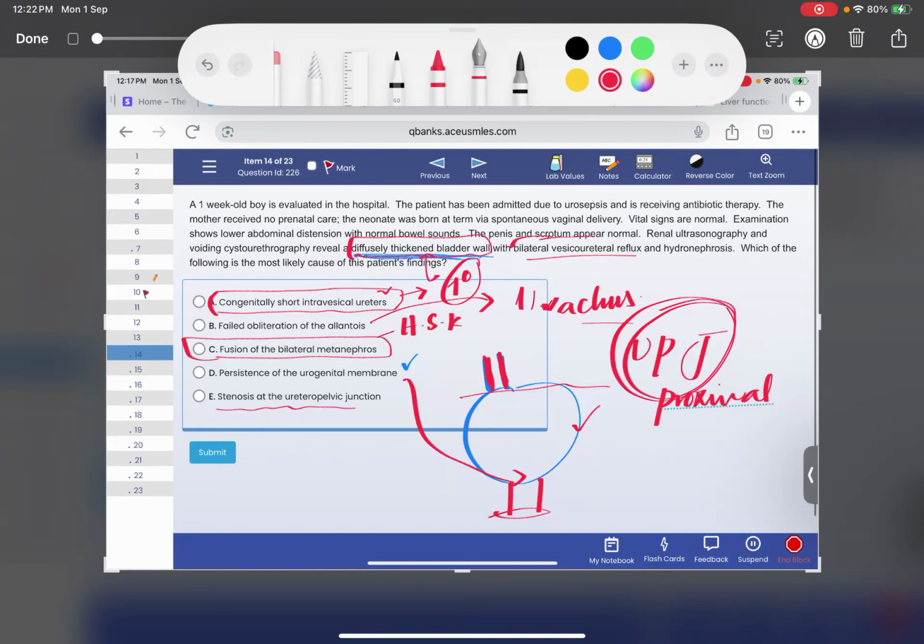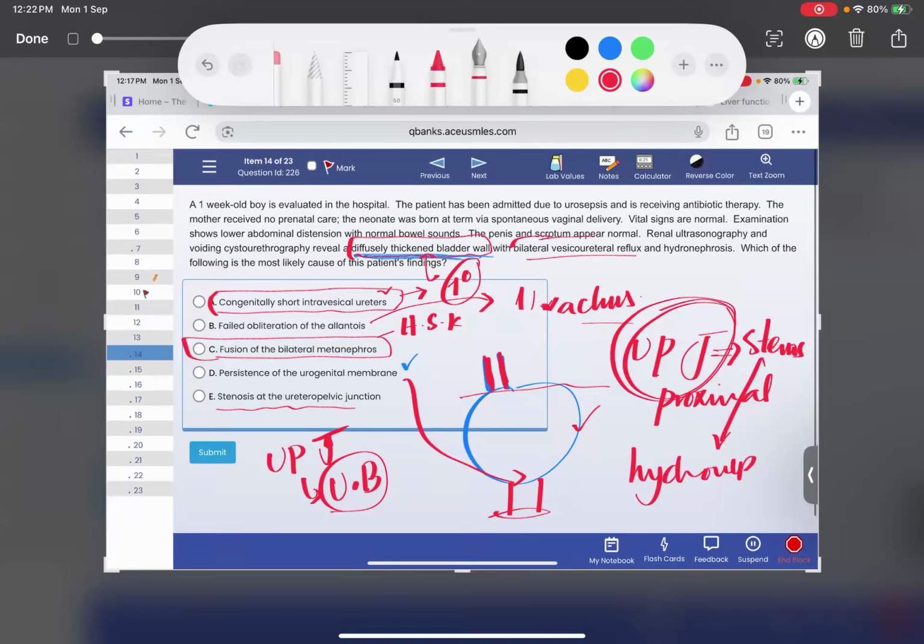Okay, if it is stenosed, what will we have? Hydronephrosis. And what do you think, guys? UPJ obstruction, what will be its origin? It's proximal, the ureteric bud would be responsible for it, right?